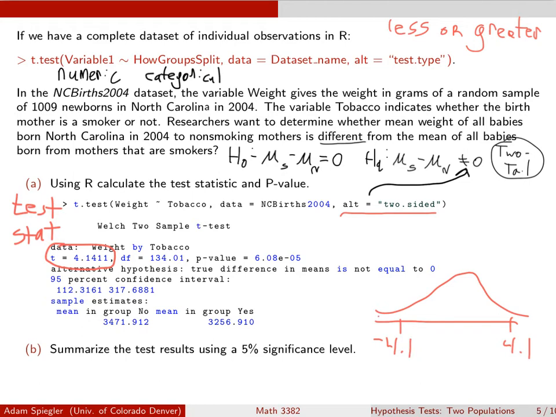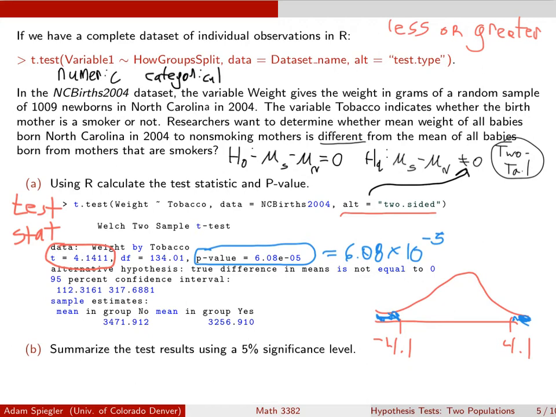And since we're doing a two-tailed test, the p-value in this case would be the area over here plus the area over here. And this is pretty far out on a normal distribution. And over here, we can see what the p-value is. And so they're using scientific notation. This means 6.08 times 10 to the minus fifth. Okay, so that's a really small value in this case.